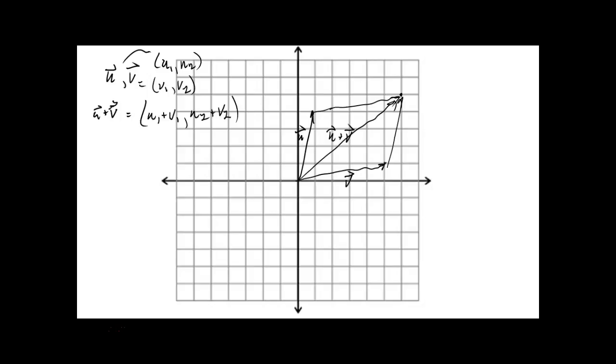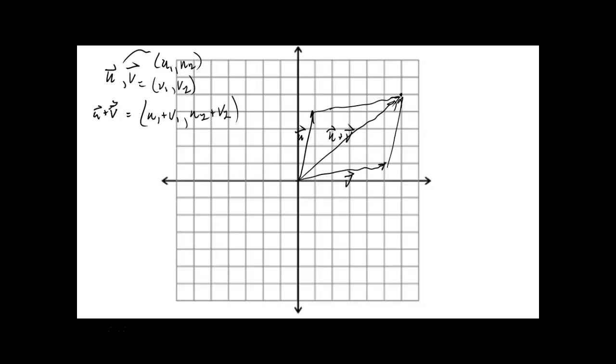Now, another thing that we haven't talked about yet, vectors don't have to have the initial point on the origin. If you do not change the magnitude and do not change the direction of a vector, you've got an equivalent vector. So this vector u could be transposed over here.